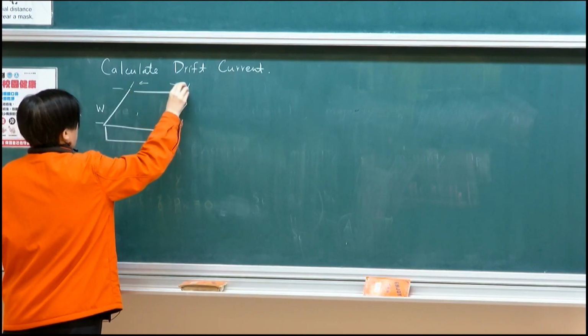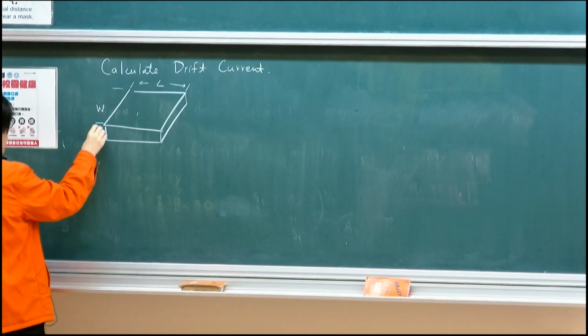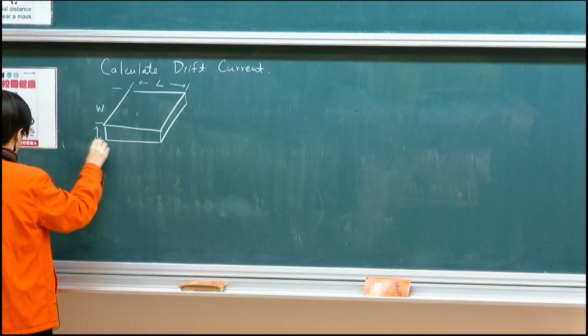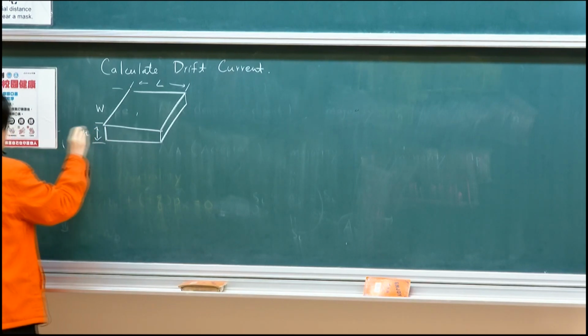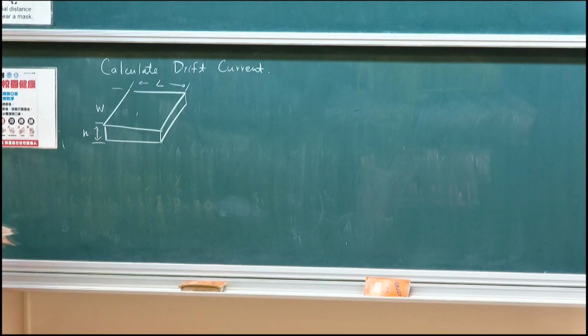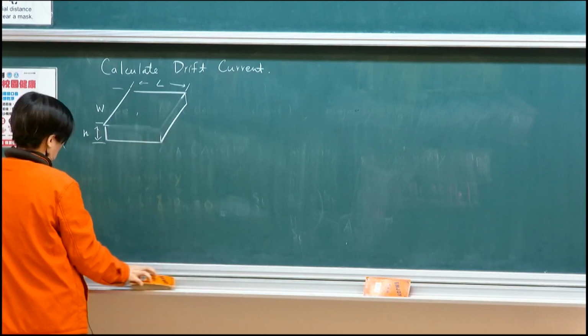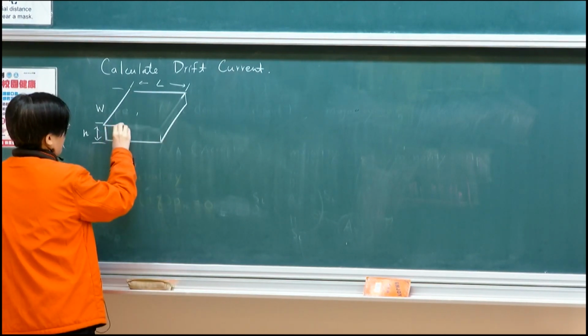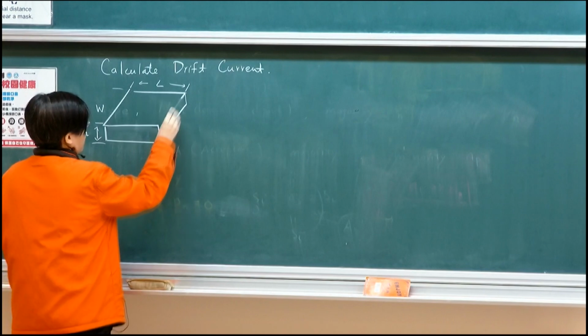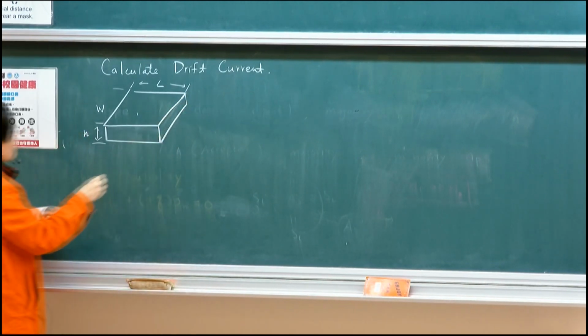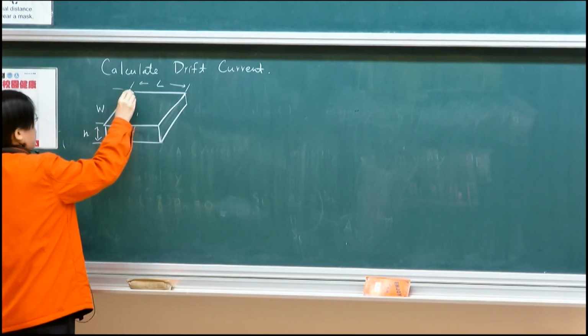This is the length. And there's a finite thickness of the film, height. My drawing's bad, but bear with me. So you can see that is a piece of material.